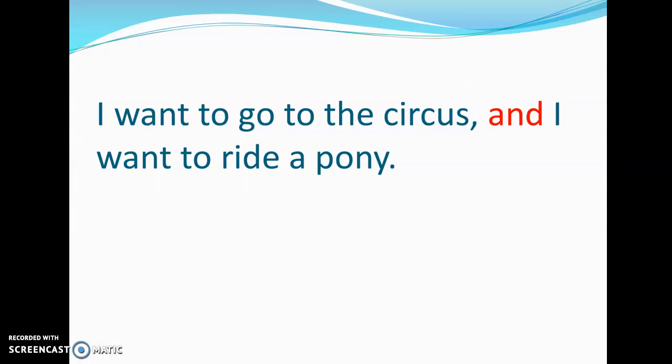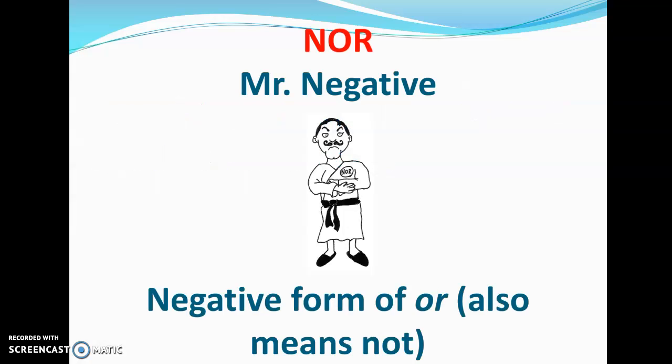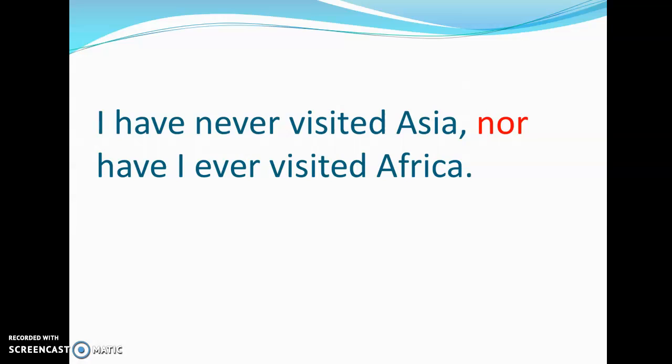For example, I want to go to the circus, and I want to ride a pony. I want to do two things at the same time. Nor, it's Mr. Negative. As I said, you are putting two negative sentences together. It is the negative form of or, and it means not. For example, I have never visited Asia, nor have I ever visited Africa.